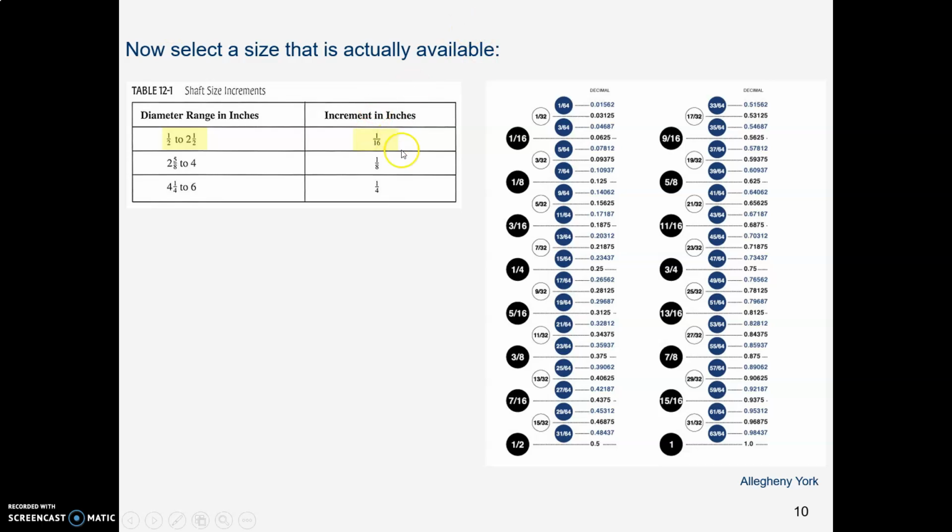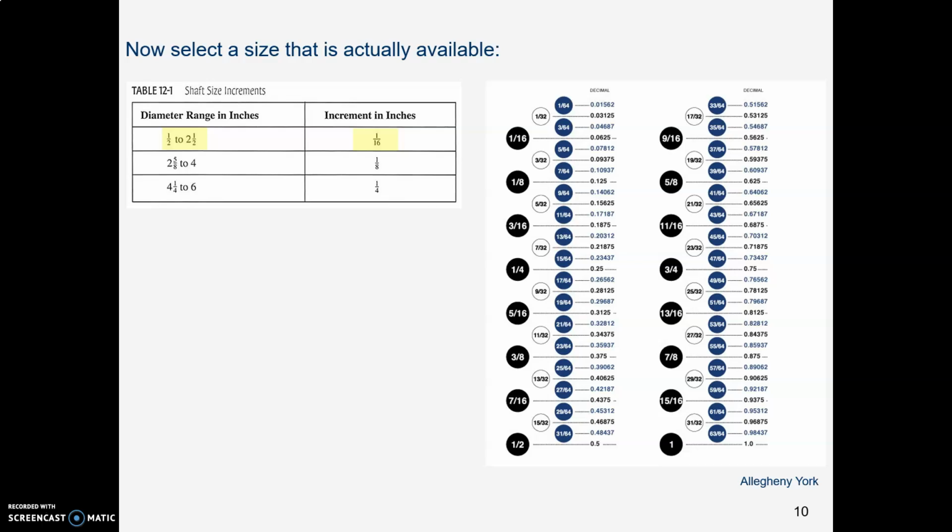So you could get round rod that was 1/16, 1/8, 3/16, 1/4, and so on and so forth. And on this slide, I have put a decimal fraction chart for you to look at, because we're trying to find a size of rod that is in increments of 1/16.